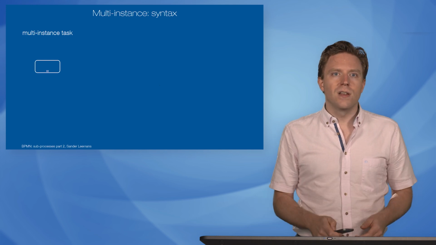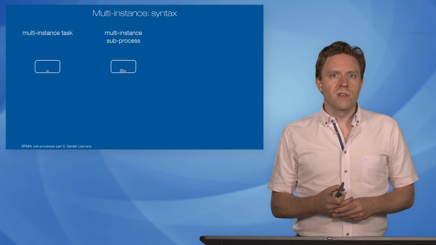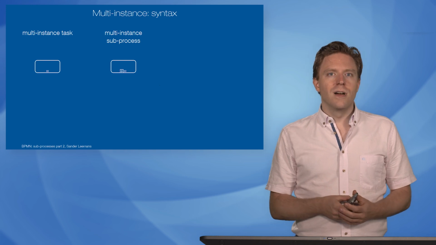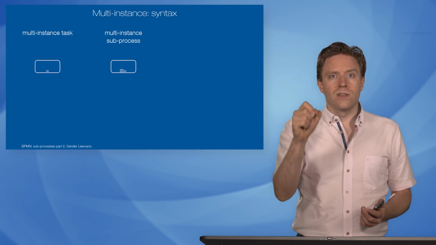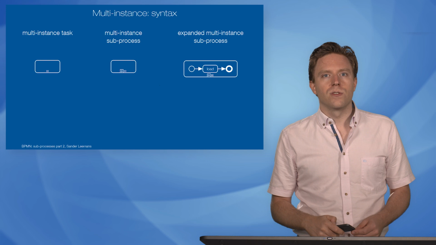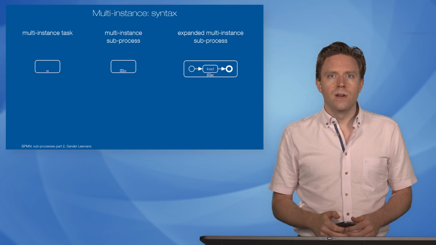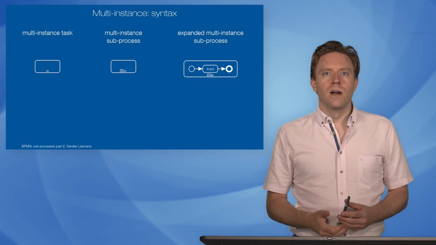So for a task, it looks like this. For a multi-instance subprocess, it looks like this. We put the little multi-instance marker, which is 3 vertical lines, next to the subprocess marker. And of course, the expanded multi-instance also has these little markers.